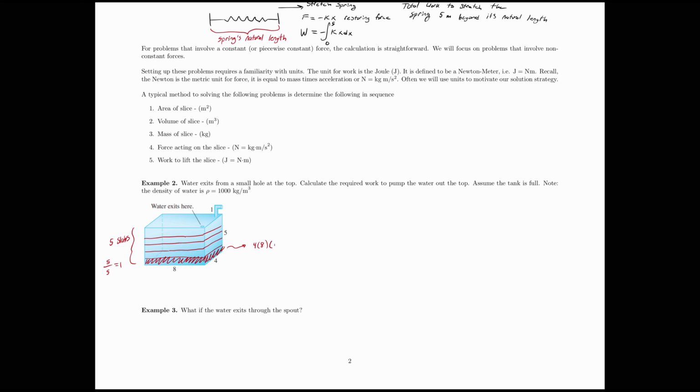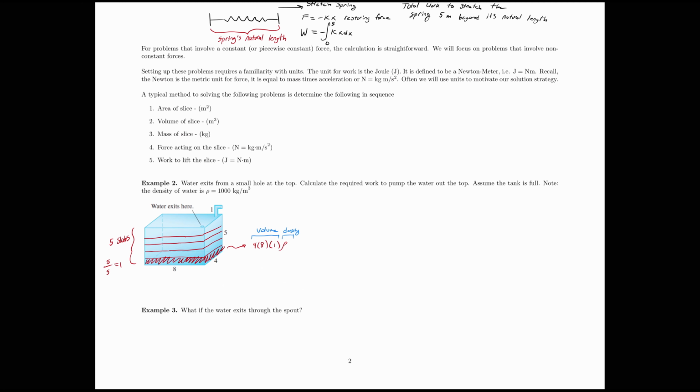So the volume of water is 32. So we need to know what's the mass of that amount of water? Well, we would multiply then by the density rho. So now we essentially have a block that weighs 32,000 kilograms.